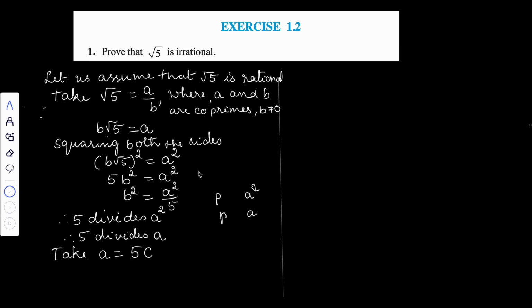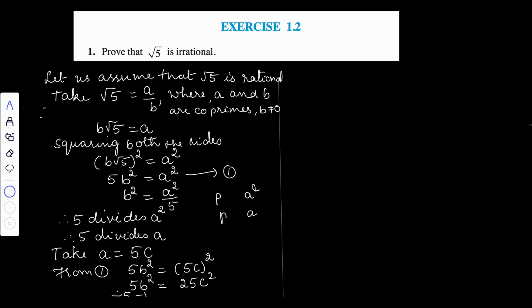So this one we will substitute here in equation 1. 5b square is equal to, in the place of a you write here 5c the whole square. So we are getting here 5b square is equal to 25c square. Divide both the sides by 5.